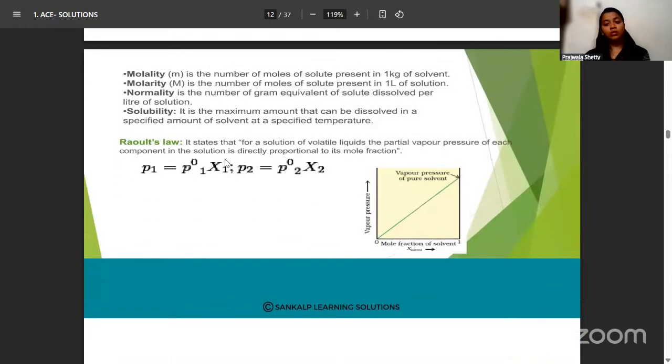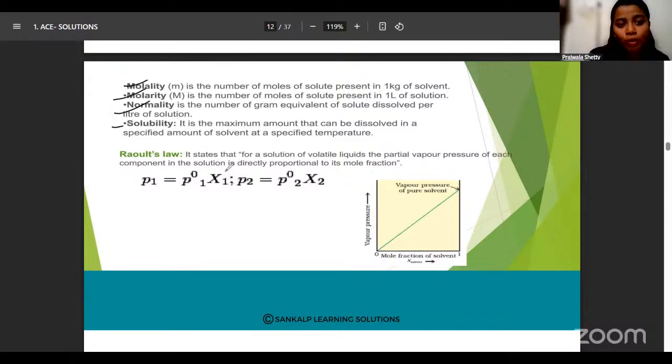As you studied in previous sessions, you know what is molality, what is molarity. Also, you know the normality and solubility. So remember these are the important definitions: molality, molarity, normality, and solubility. So directly let's move on to Raoult's law. What is Raoult's law?